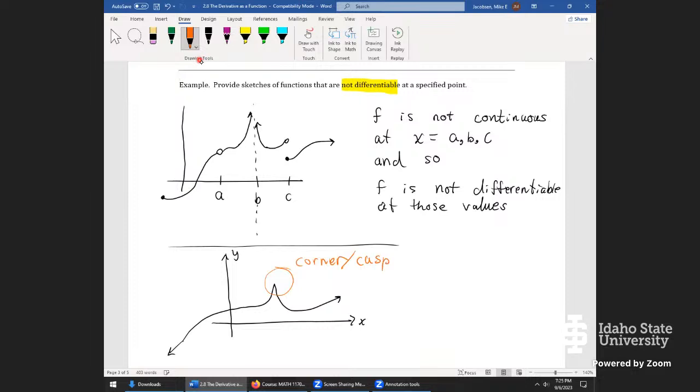If you see a corner or a cusp, that is immediately a location where f is not differentiable. So we can say here, f is not differentiable at x equals a due to the cusp or corner. We'll consider that interchangeable.